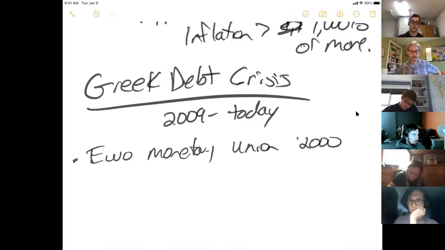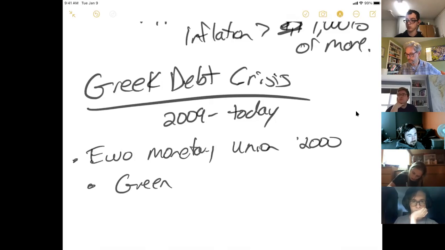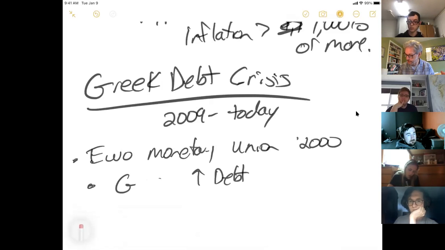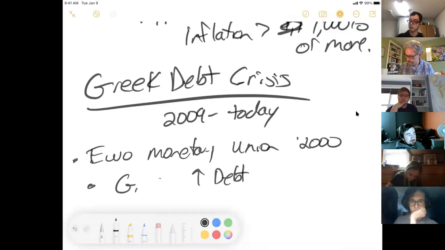The European Monetary Union was created in 2000. And basically that meant that the countries that were in the European Monetary Union all had the same currency, the euro. And so what did this do? This greatly increased the amount of money that Greece could borrow. So Greece immediately started borrowing money like there was no tomorrow.